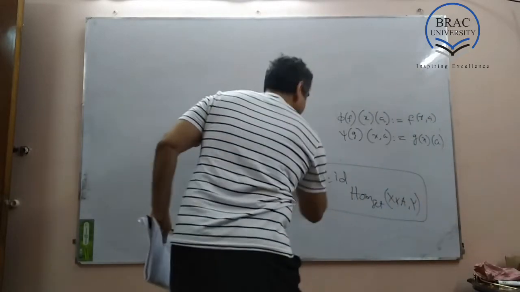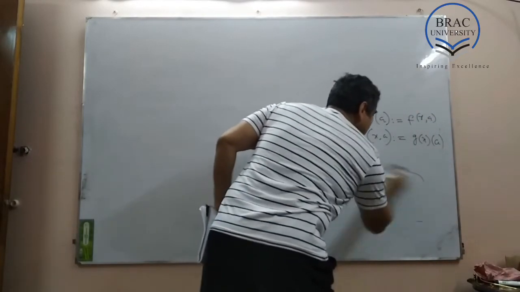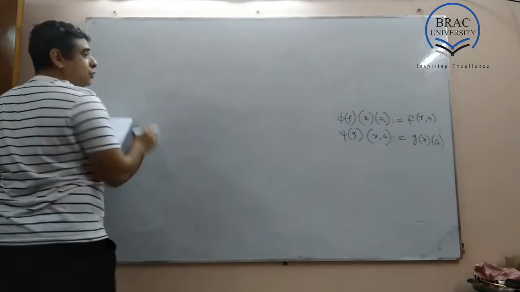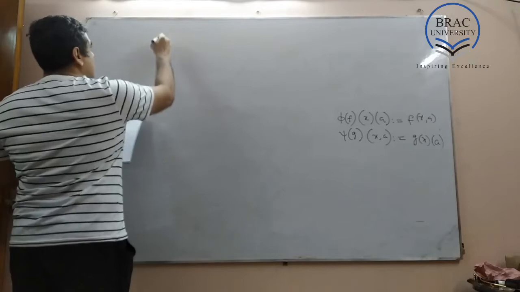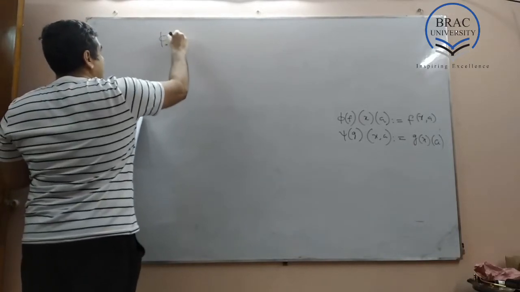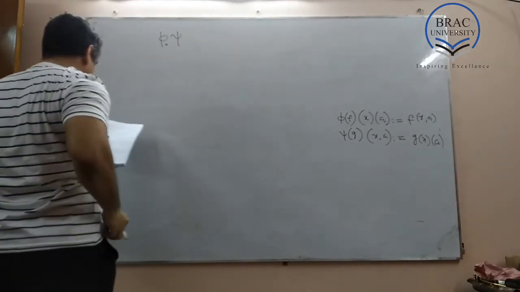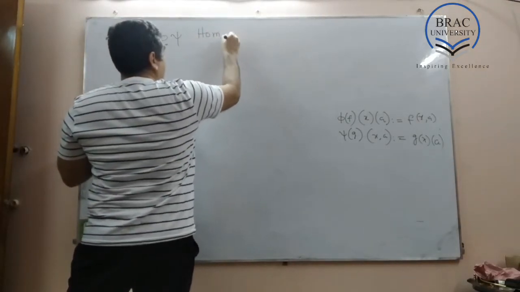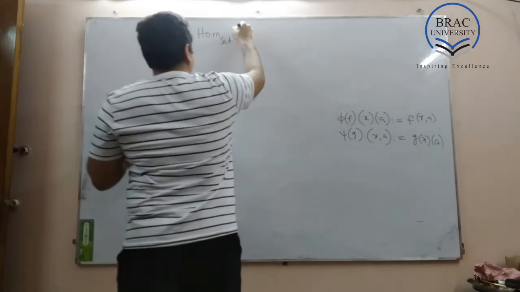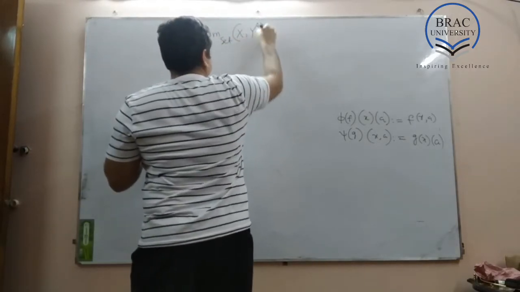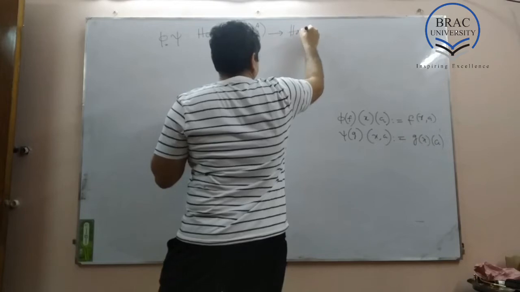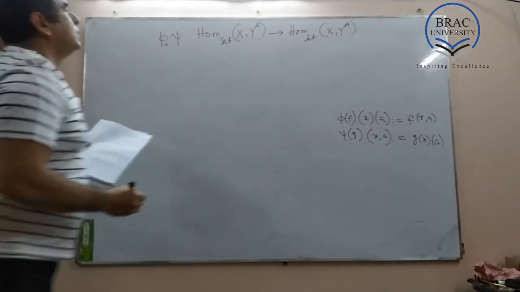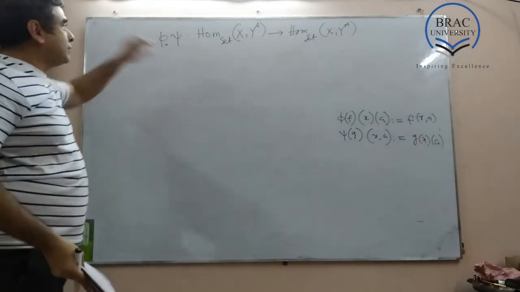Okay. So now we're interested in proving something for this map, and this is going to be a map from the home set from x to y to the a to itself. Okay, this is obvious from the definition of psi and phi.